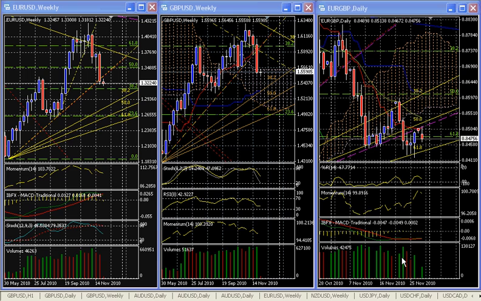Plus the volume, it makes roughly a minimum of at least 8 to 9 technical tools that you would be applying over and above your moving averages.